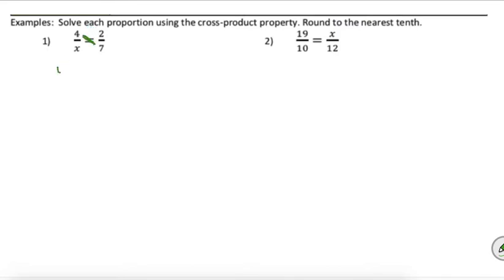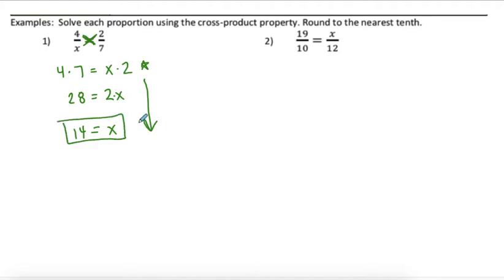I get 4 times 7 equals, cross here, I get x times 2. 4 times 7, I can simplify to 28. X times 2, can't do anything but bring down 2x. This is the cross product property, and now I'm just simplifying, trying to solve, getting x by itself. The only thing that's keeping me from having x by itself is this multiplication, so I'm going to divide both sides by 2.